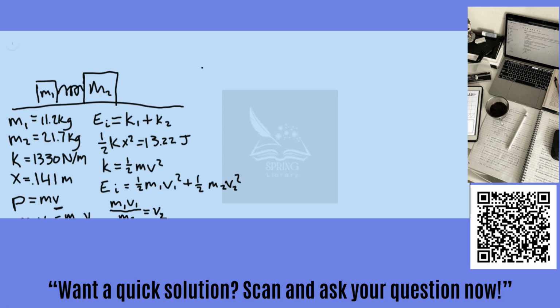So we have the initial energy is equal to half m1 v1 squared plus half m2. Here's the exciting part: we're going to throw this equation in v2's place. So we have m1 v1 squared and m2 down here. All right, now we can get solving.